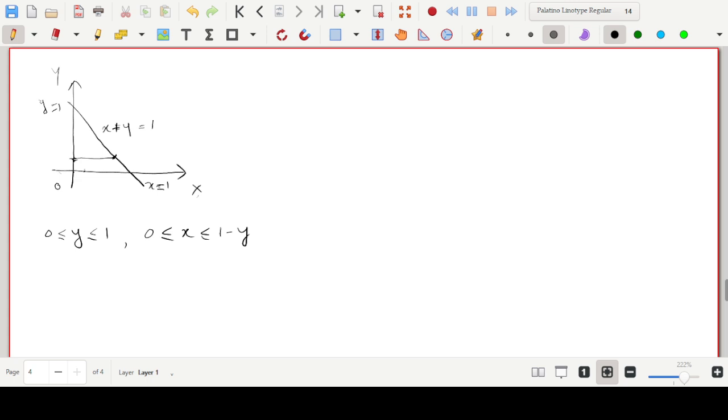Because this is a point on the line x plus y equal to 1, so x is equal to 1 minus y. So all the x coordinates on this segment satisfy 0 less than or equal to x less than or equal to 1 minus y.